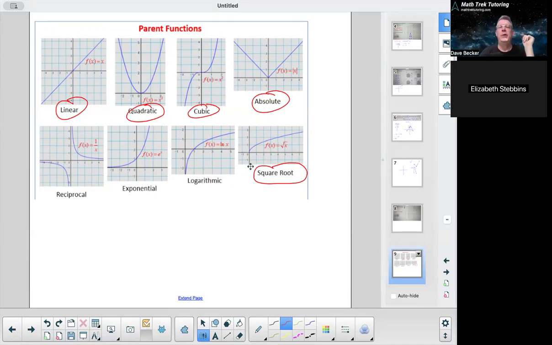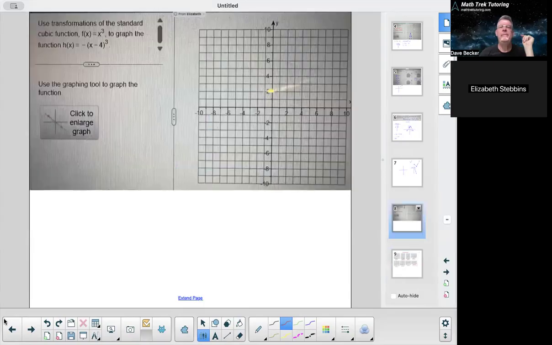Okay. So if we know that, then we know it's going to look something like that. Since it's a negative out in front, it's going to go like this. It's going to flip, but you know the general shape.